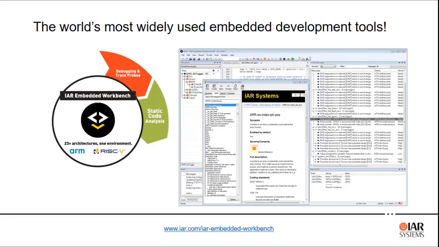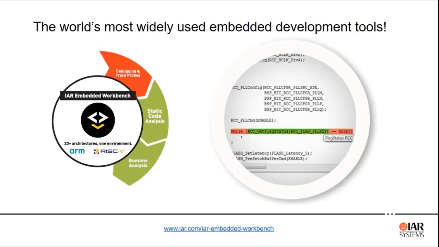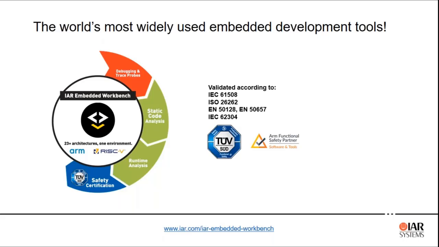So you have static code analysis and also runtime analysis being part of your day-to-day to make it easy and accessible. And from our build chain, the compiler, the linker, the libraries, we have the certified edition. That's of course the main topic here today.